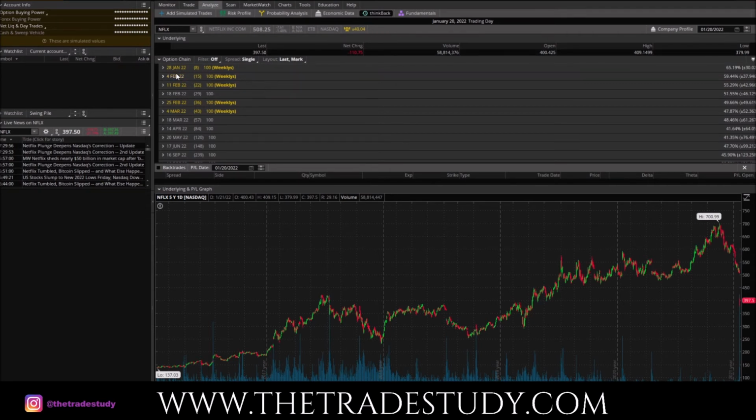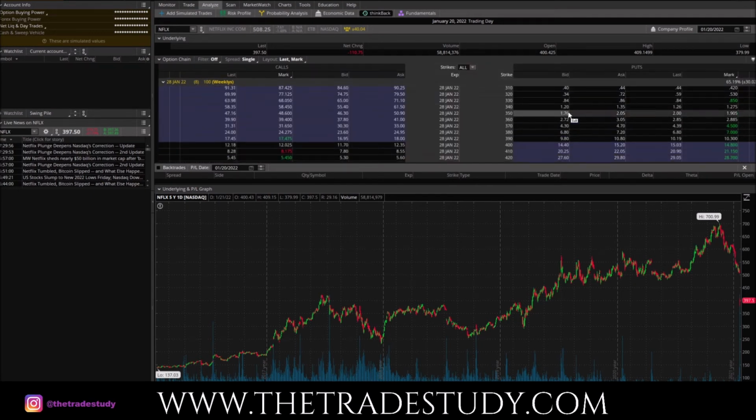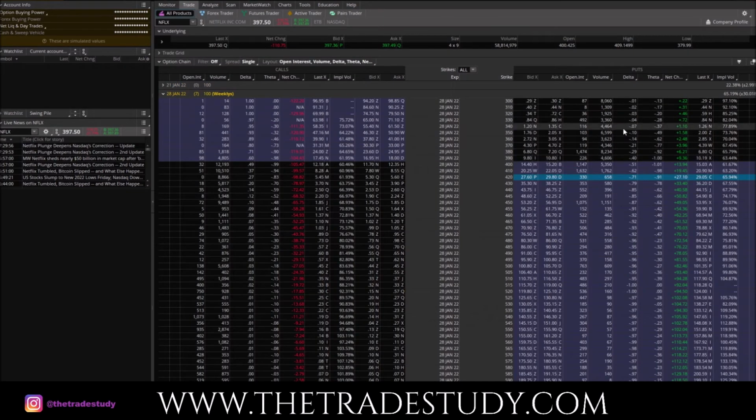When you go here, you could see these options contracts. I can actually show you something even better. If we go to this table here, I have the net change column enabled for these puts, and you can see that they dramatically increased off of this massive drop.